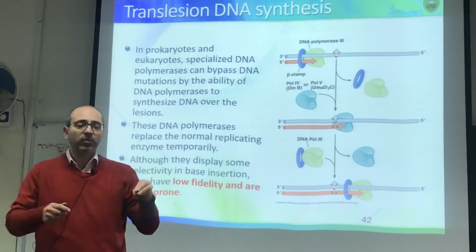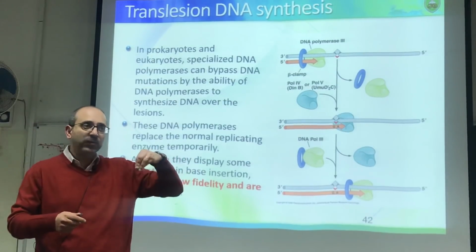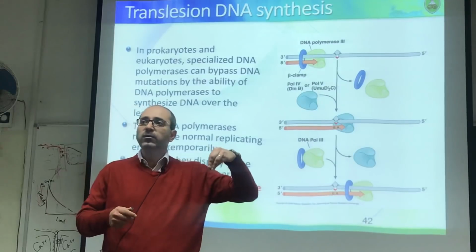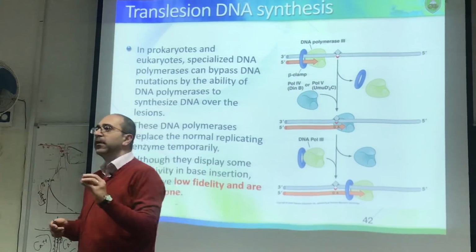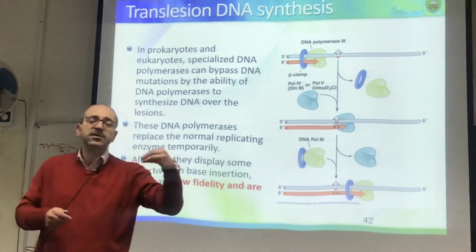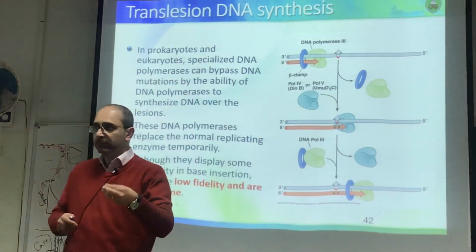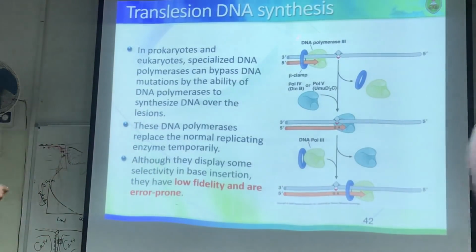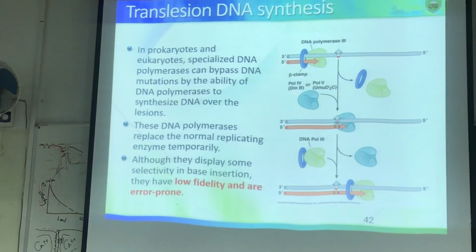And what they do, they jump over the lesion, and by doing that, they also add a few bases. Okay, these polymerases, although they have the ability to recognize which base is placed, they make mistakes. Right? So the DNA polymerase gets dissociated, and other DNA polymerases come in. They fill in the gap with any bases.